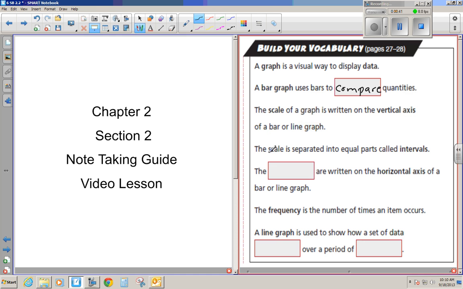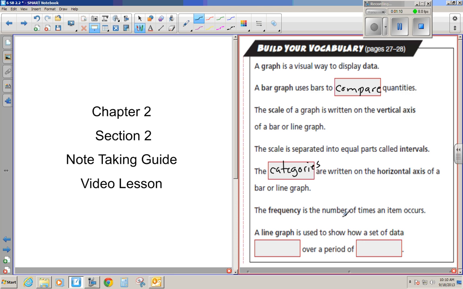The scale of a graph is written on the vertical axis of a bar or line graph. Scales are separated into equal parts called intervals, and the categories are written on the horizontal axis of a bar and line graph. The categories are written on the horizontal.